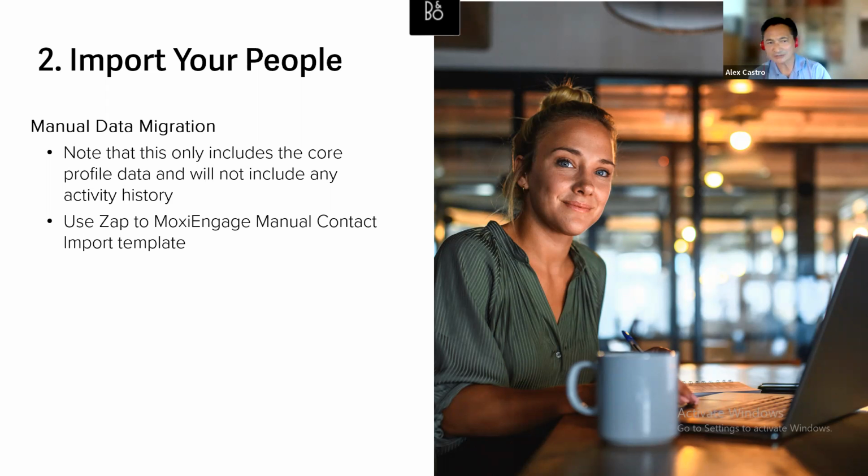So you're saying, gosh, where is he getting this? Zap to MoxiEngage manual contact import template. If you type that in at support.moxieworks.com, that template, an Excel spreadsheet, will pop up and you can download it.